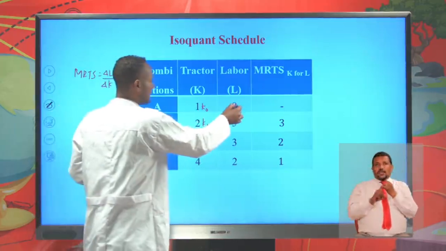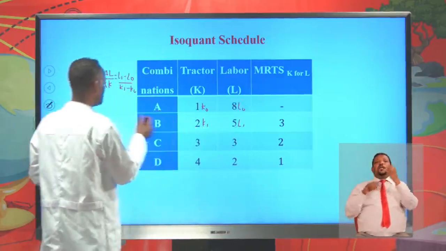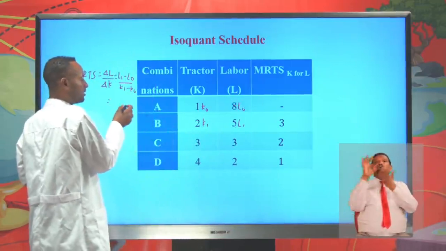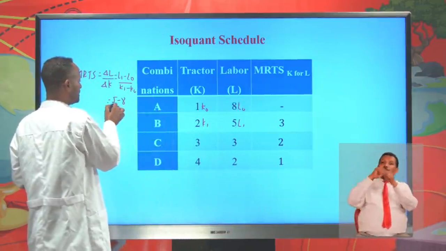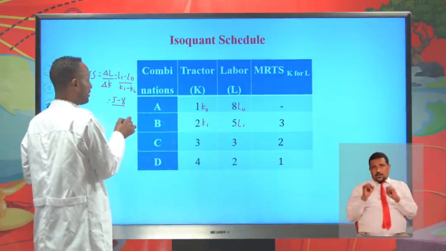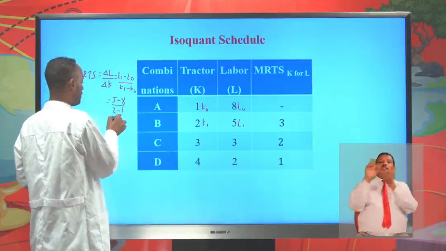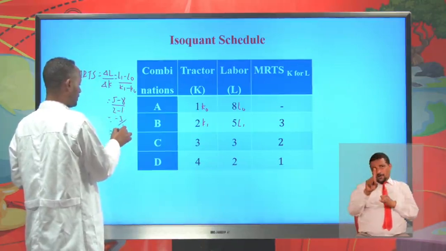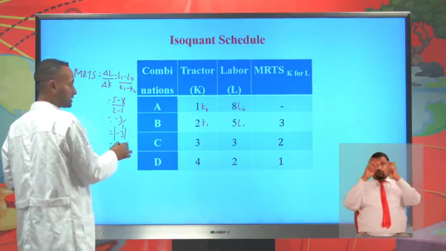Let's take this 8 as labor initial and this 5 as labor final. When we substitute this information in the formula, the value of labor final is 5 minus labor initial 8, divided by capital final 2 minus capital initial 1, which is minus 3 divided by 1, and then we get minus 3. When we take the absolute value, we get 3.